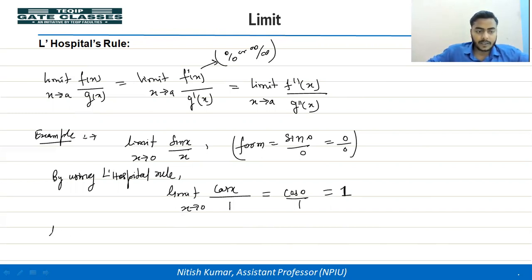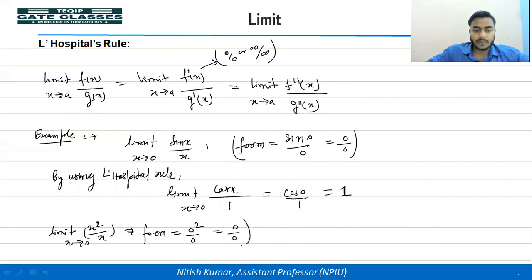Let's take another example. Limit x tends to 0 of x square divided by x. What is the form here? You can see the form 0 square by 0.